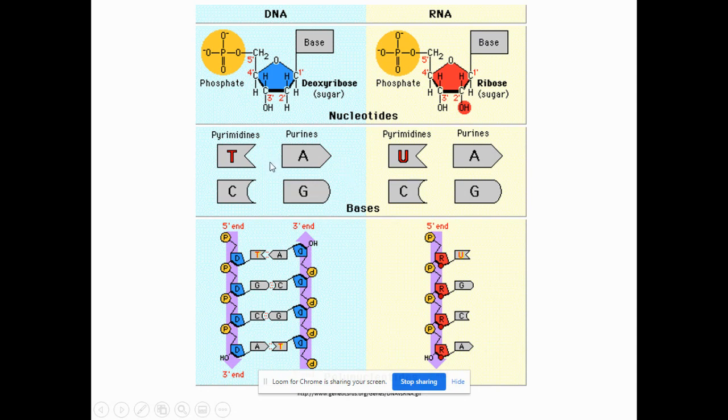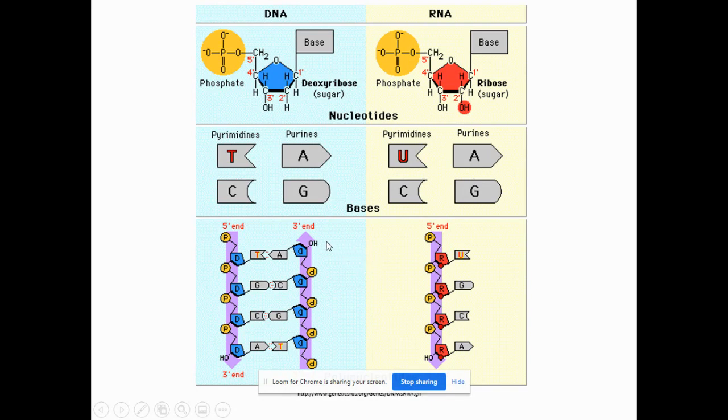Another difference is that the nitrogenous bases are different. In DNA, you have thymine, adenine, cytosine, and guanine. Adenine and thymine always bond together. Cytosine and guanine always bond together. In RNA, you don't have thymine, you have uracil. So uracil and adenine bond together, and cytosine and guanine bond together. So that's another difference: thymine in DNA, uracil in RNA.